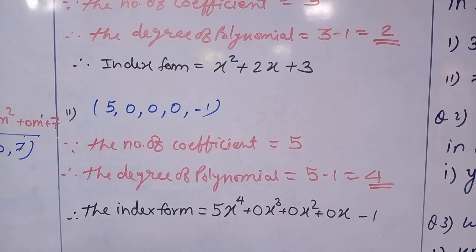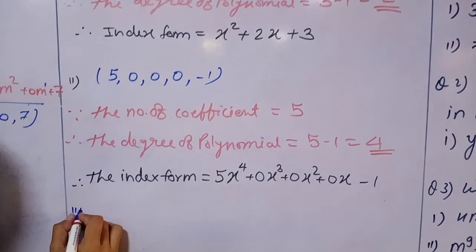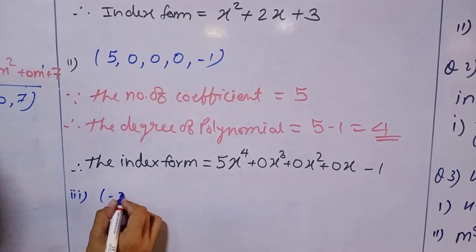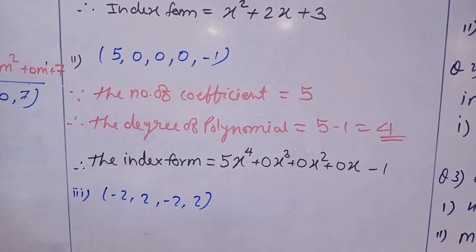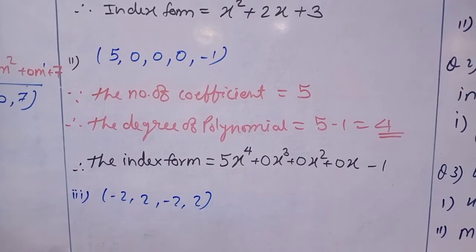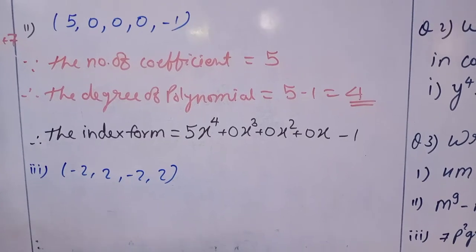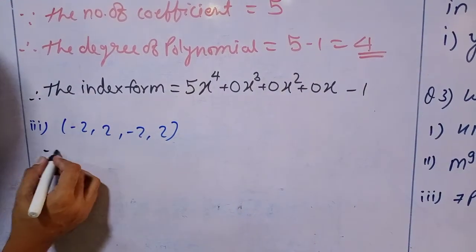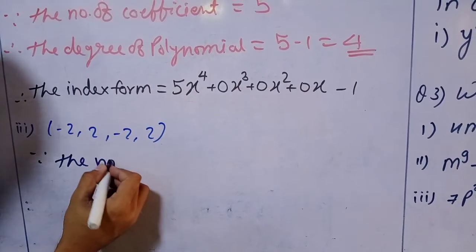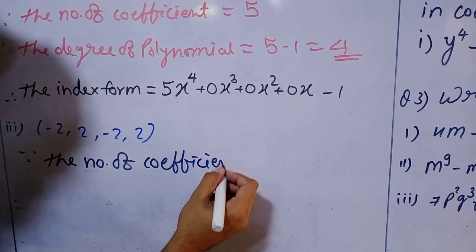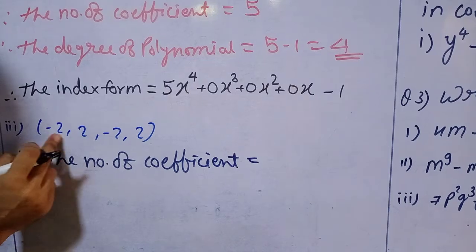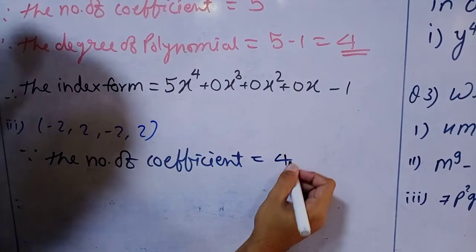Now the next one is the last one, minus 2, 2, minus 2 and 2. Again we have to start the same way, the number of coefficients is equal to 1, 2, 3, 4.